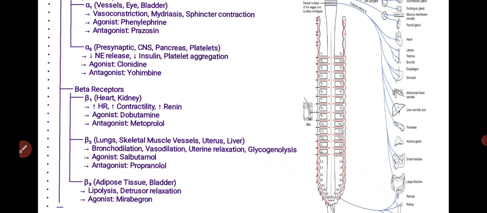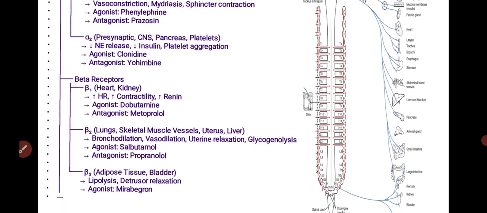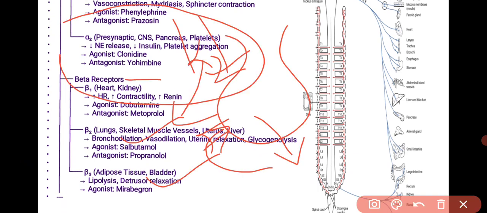At that time we require energy and blood supply. So the sympathetic nervous system is associated with increased heart rate and increased contractility, which increases the perfusion of various organs, especially the skeletal muscles. It also increases renin release from the juxtaglomerular cells, thereby increasing the blood volume.